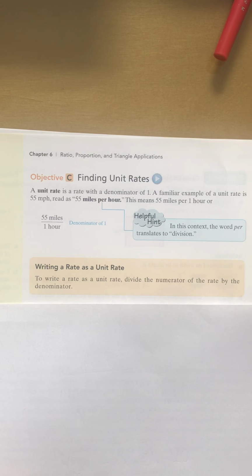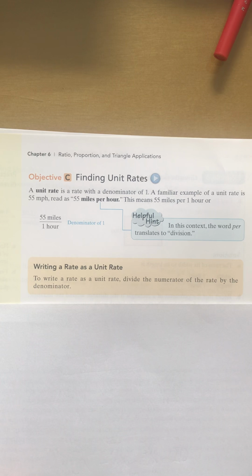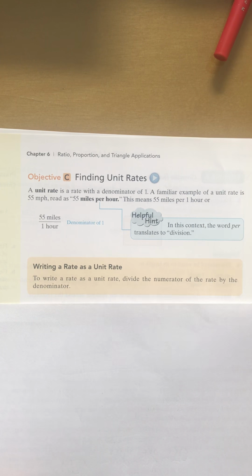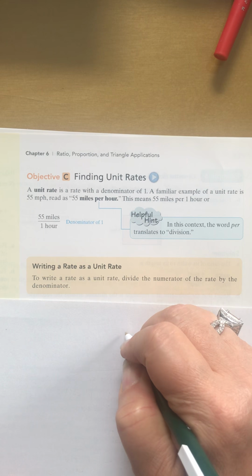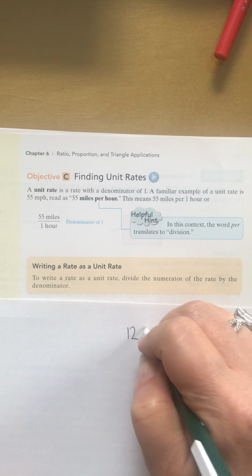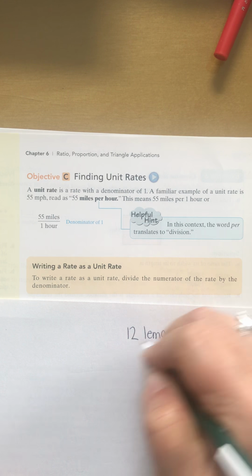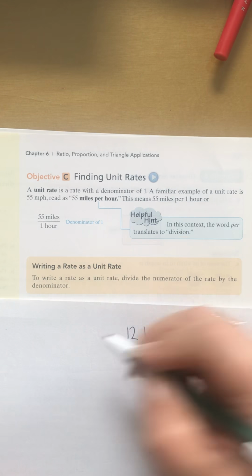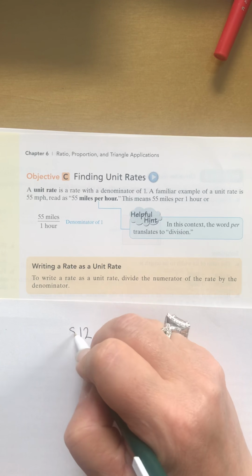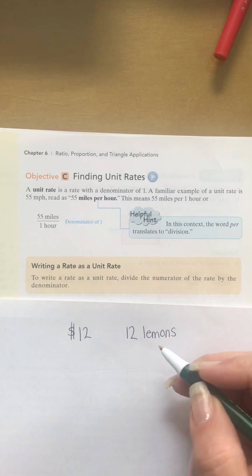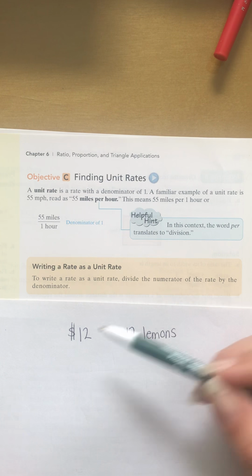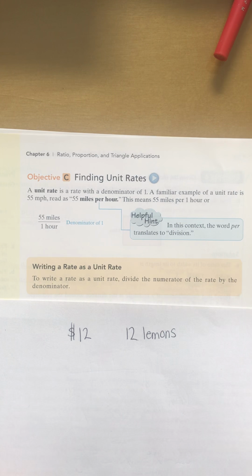Like if you were to buy a bag of lemons at the store, and there are 12 lemons in the bag, and it costs, let's say, $12 for simplicity's sake. You're going to put $12 over 12, and that would be $1 a lemon.